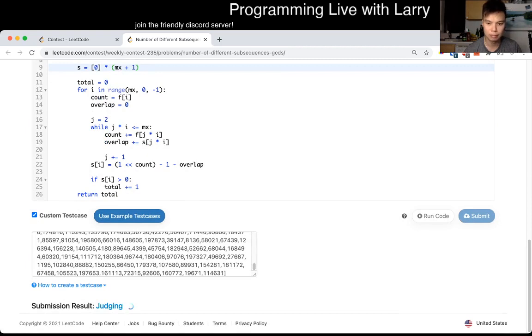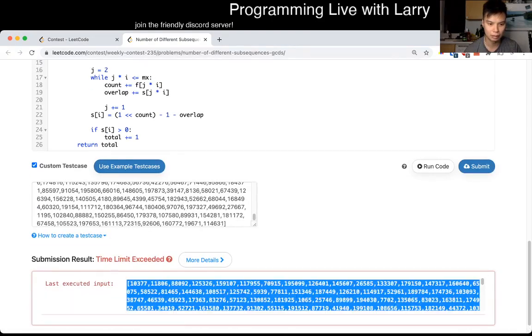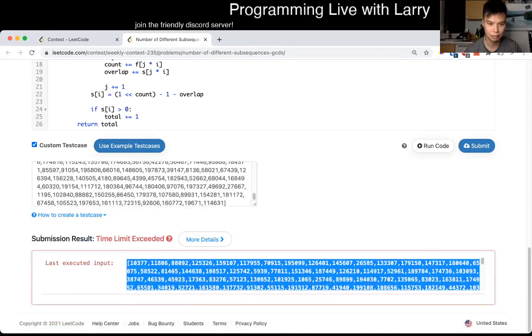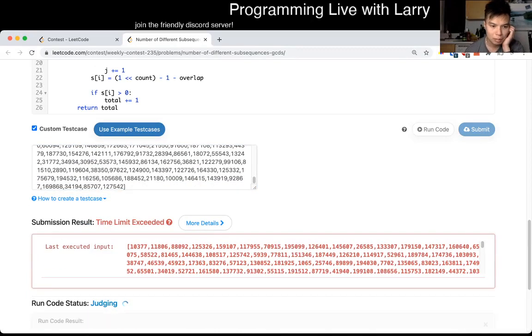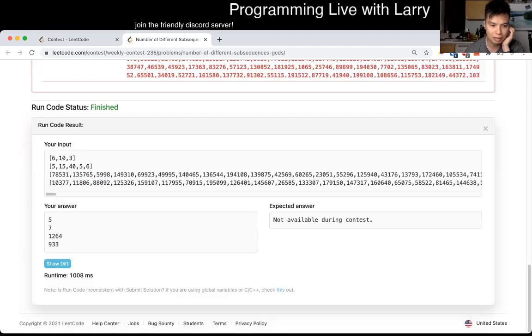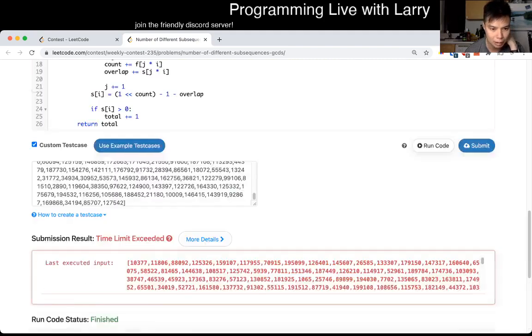Come on. Is that the same case? Maybe. Nope. I mean, it seems fast enough, but I need to do one more optimization, I guess.